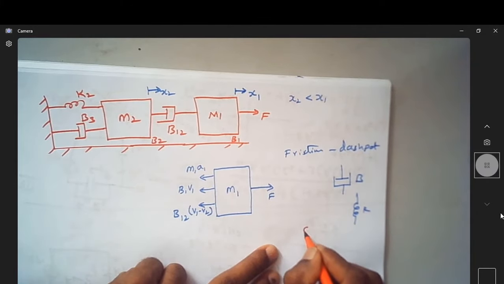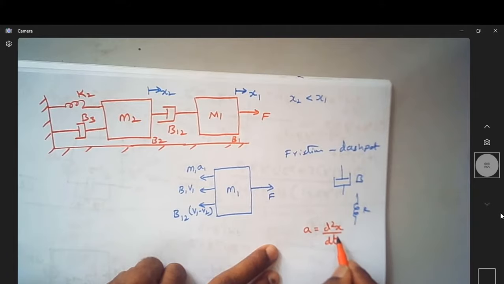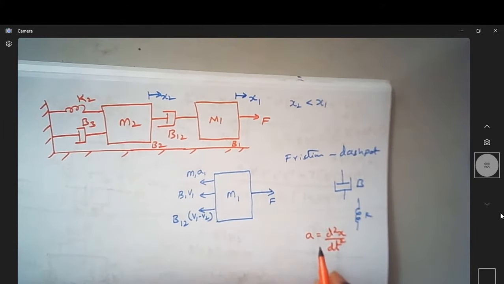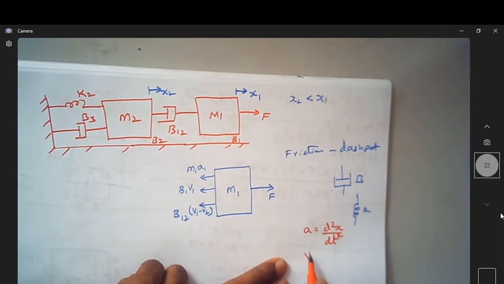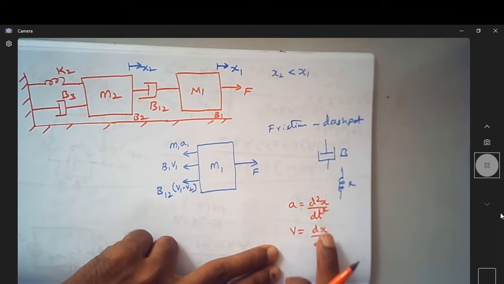Now we can replace. We know that acceleration is d square x by dt square, the double derivative of the displacement. Similarly, velocity is dx by dt, the derivative of the displacement.